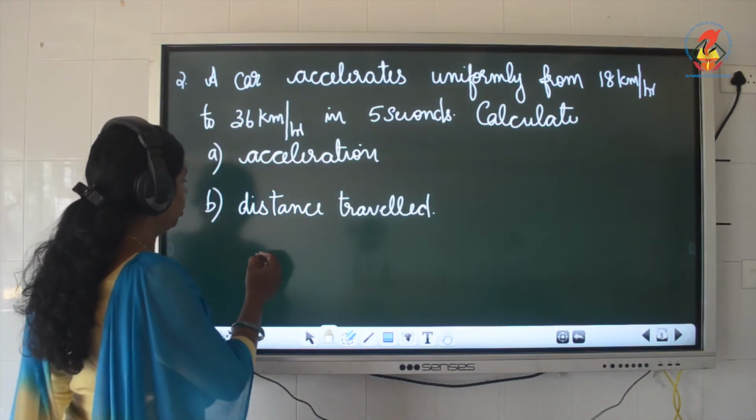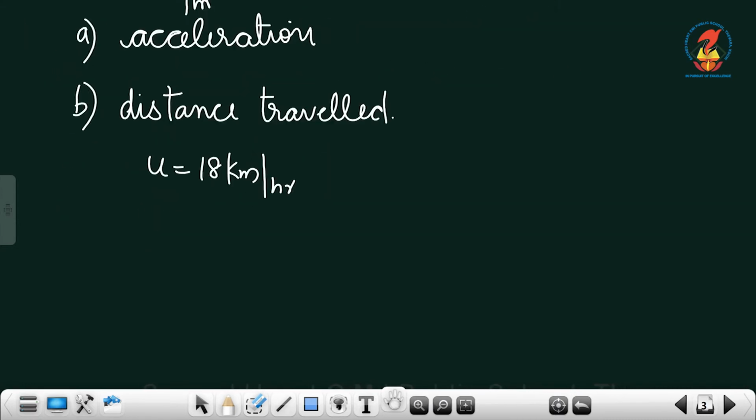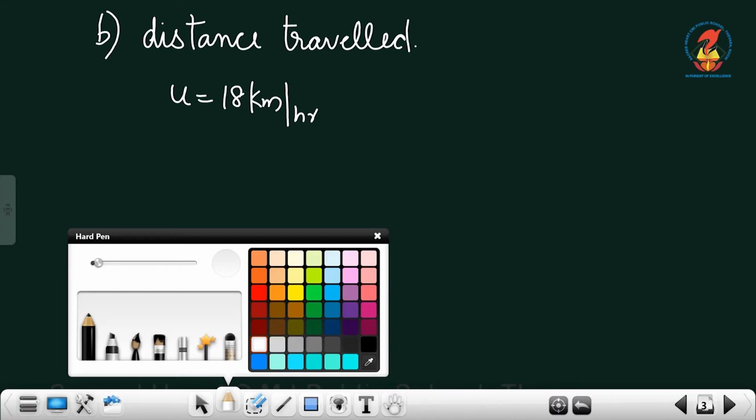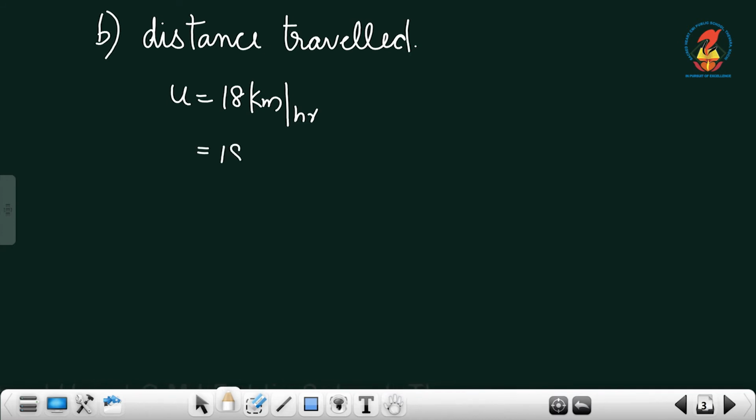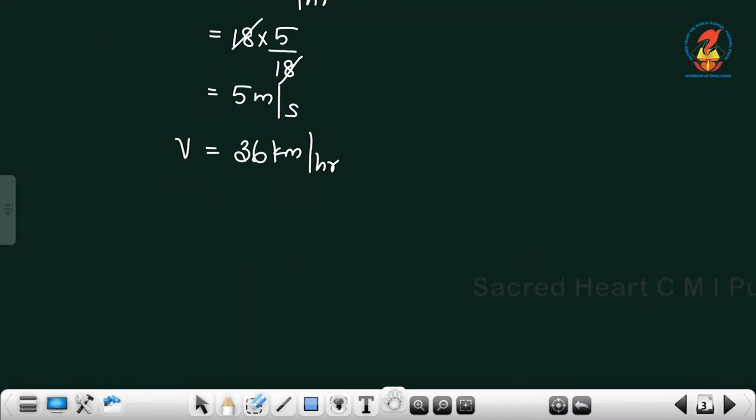So, u equal to 18 kilometer per hour, that is 18 into 5 by 18 will get cancelled, that is 5 meter per second. Then v equal to 36 kilometer per hour. That also we need to convert into meter per second.